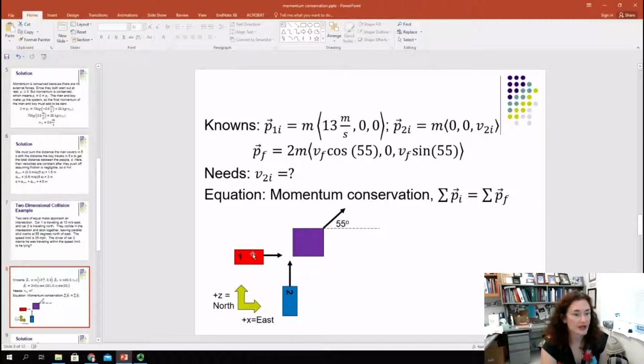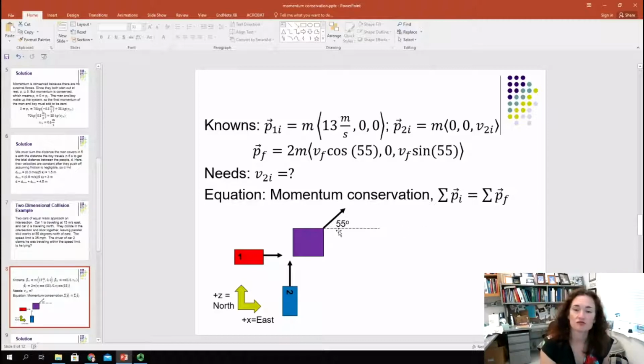So what's going to happen here, it says in the problem they collide at the intersection and stick together. So since I started off with red and blue, I drew a big purple box to symbolize them sticking together, because red and blue mixed together make purple, right? So I have this purple box. And you don't know its final speed, but you do know that it leaves skid marks at 55 degrees north of east.